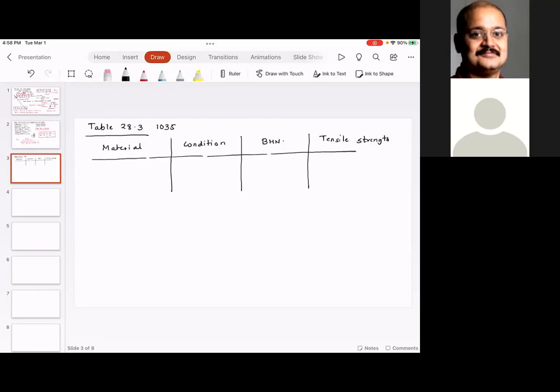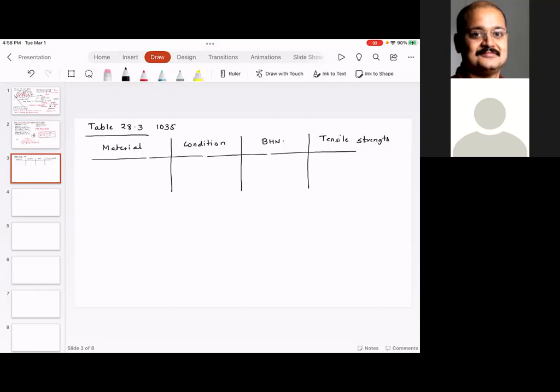Now, this table is important because it gives you the different materials, but please understand, different materials have different properties. Not only that, different materials with different heat treatment have totally different properties.